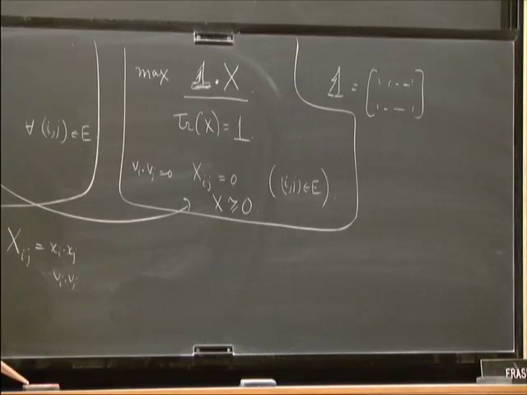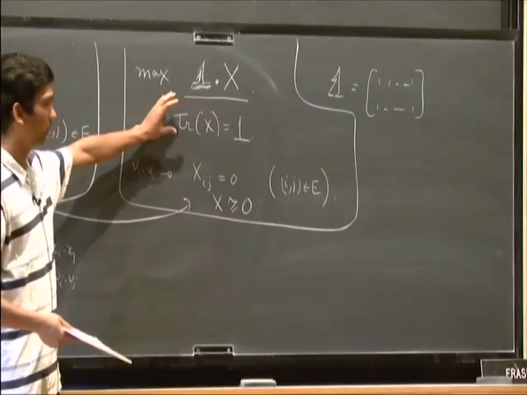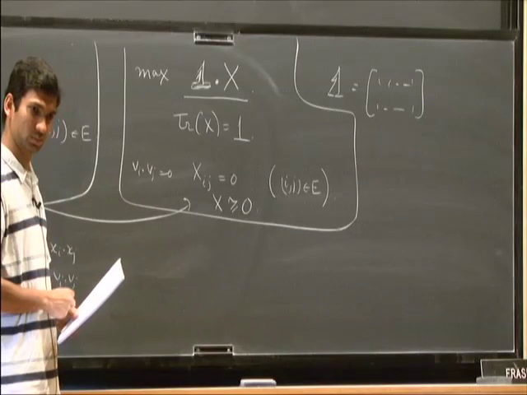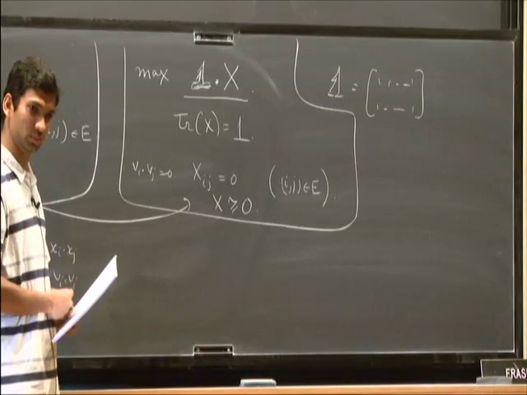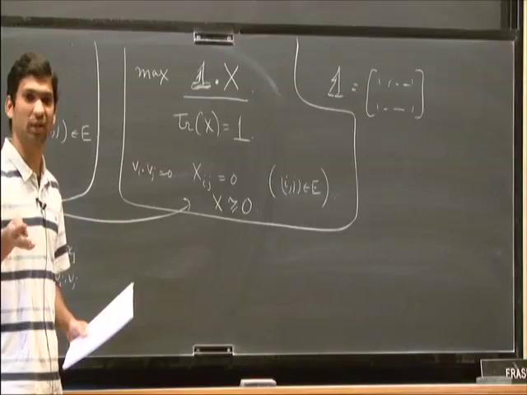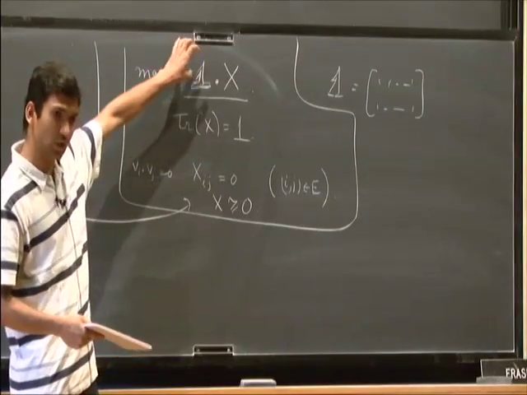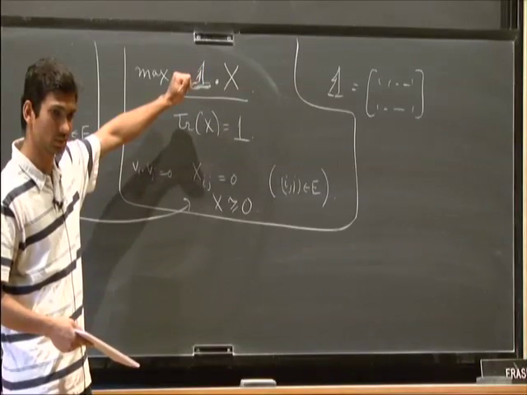This is not a plus-minus 1 program, just a 0-1 program. Why isn't it that the trace is less than or equal to 1? As was said, once you make this condition, then instead of the square, this value will be exactly the independent set size.